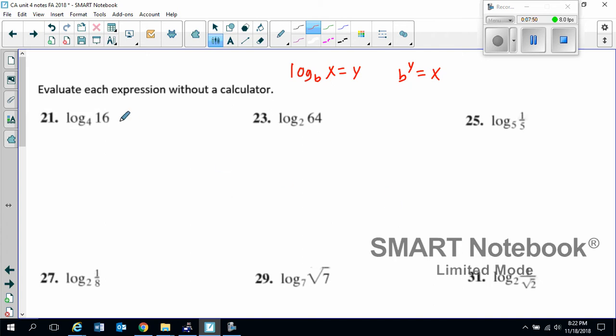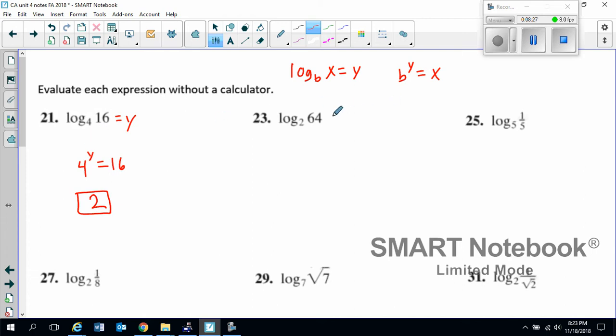And so, I mean, you don't have to do this, but it helps students, because what they're asking is 4 to what power equals 16. And so if you want to, you can go ahead and set this up like this and just put an equals y on it. What does this equal? And then you can do your conversion. You can say, okay, 4 to the power of y equals 16. And then from here, you can just do this in your head, without a calculator. So that would be a 2. So that's your result here. That's your answer. That's what this simplifies into.